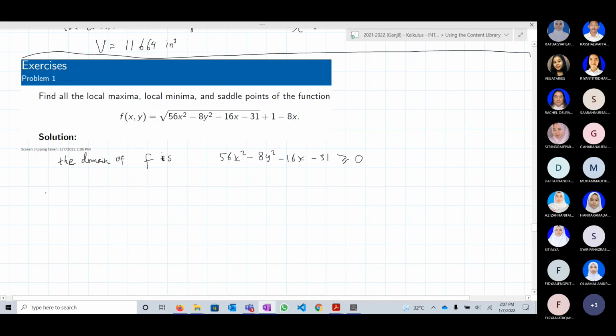And now we need to find the critical points by finding the derivative of f with respect to x, which is something we have this 2 square root of 56x squared minus 8y squared minus 16x minus 31.